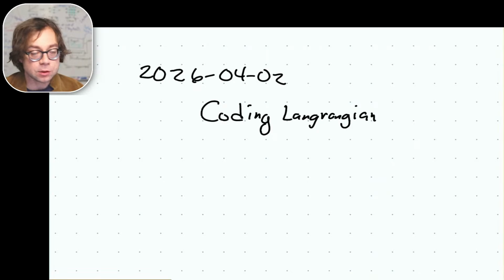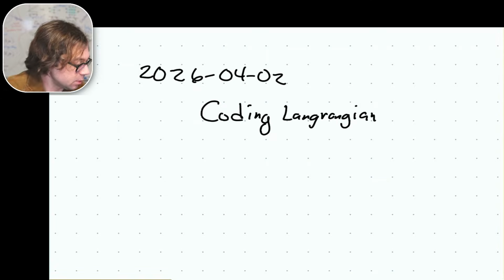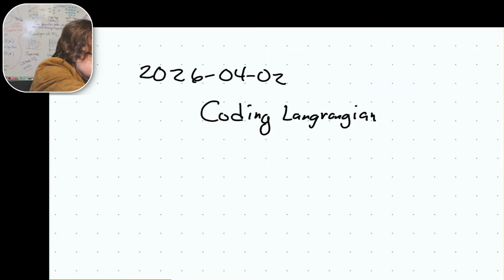Okay, so let's try to motivate by doing an example. We've done this example before. We're going to start with the pendulum, and we're going to try to move to the double pendulum. So this is the pendulum.